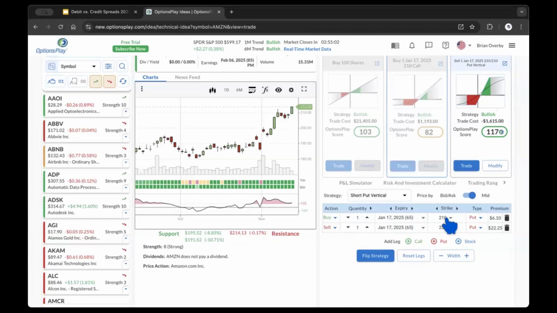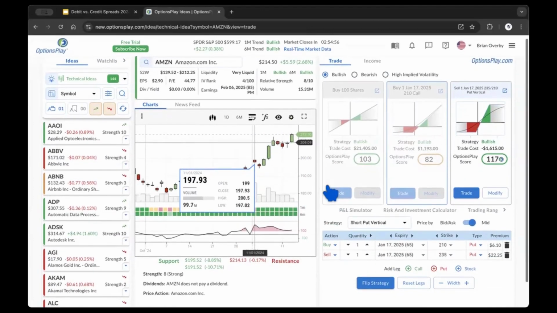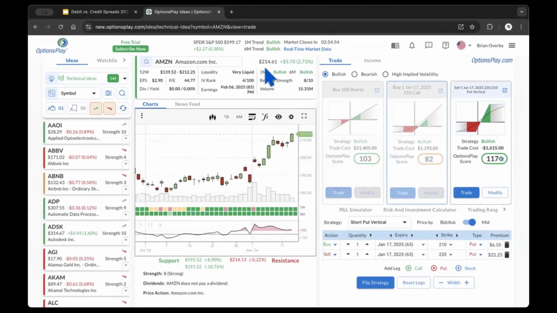The market right now was at 214, if I remember right. And everybody's still seeing my screen, I assume. Okay, we're at 214.